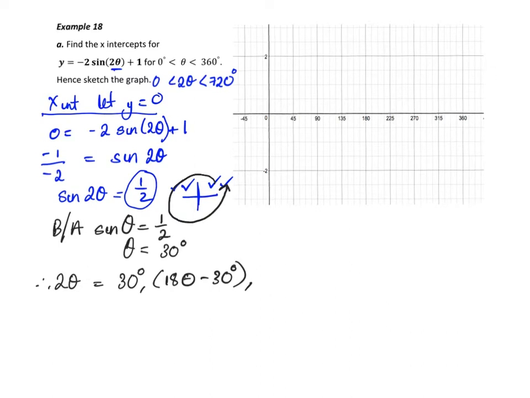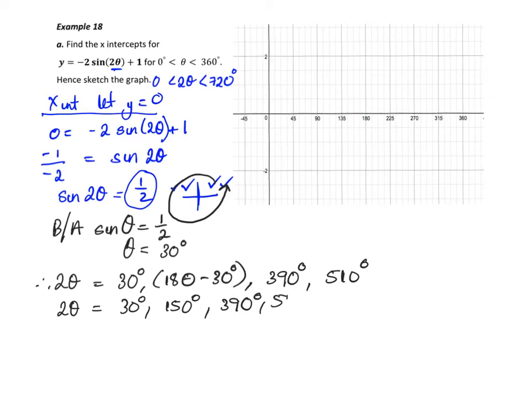So I'm going around 360. So 30 plus 360 is 390 degrees. And this one here, 180 take away 30 was 150, plus 360 makes 510 degrees. So 2 theta equals 30 degrees, 150 degrees, 390 degrees, 510.